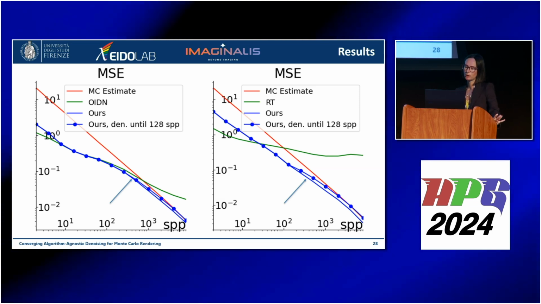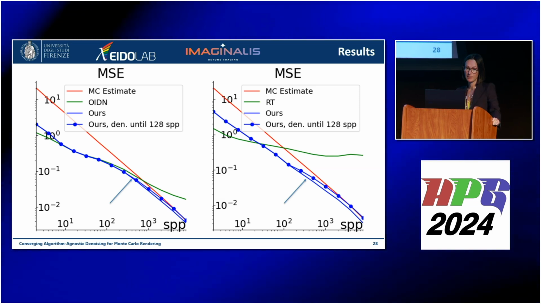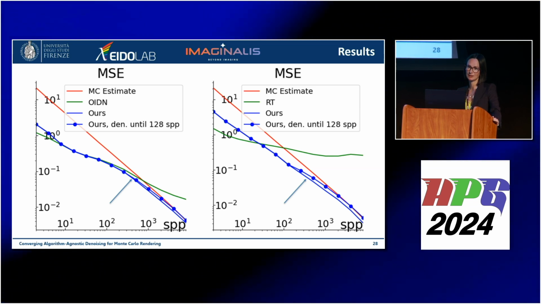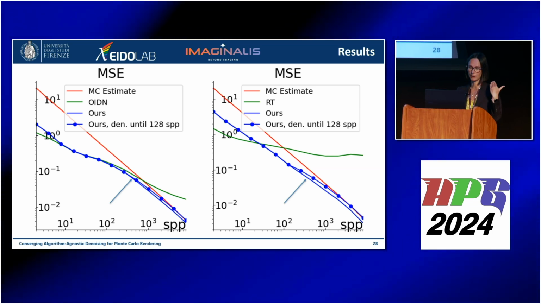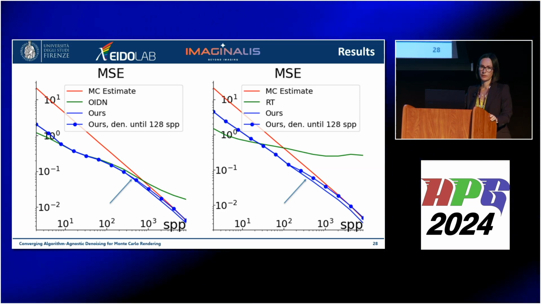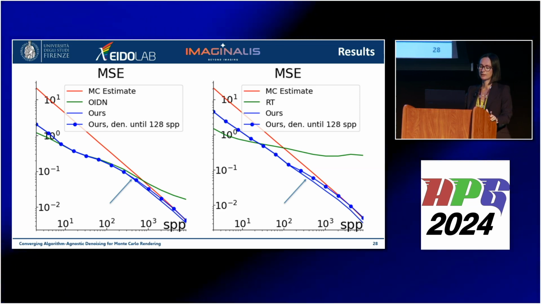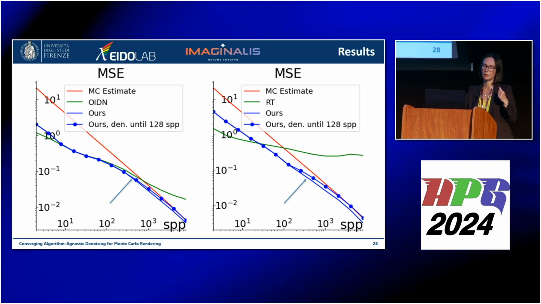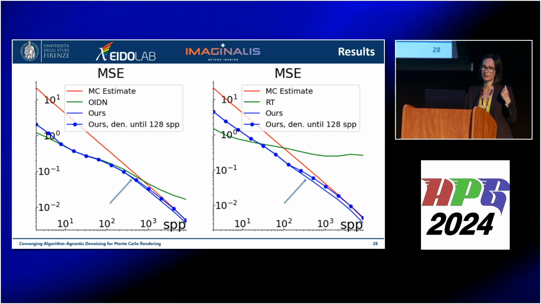Regarding the flip score, again, our method is comparable or better at the higher sample counts. These are two plots that represent the mean square error calculated for all 10 scenes produced with Mitsuba, like I showed before. And the graph with the dots represents the following special situation: when the denoising stops at iteration 128.